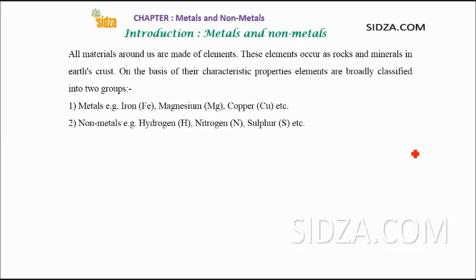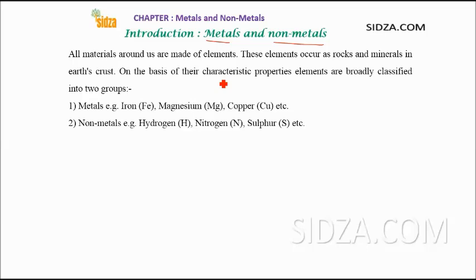In this chapter we will discuss metals and non-metals. All the matter that we see around us consists of different types of elements. Anything that you see around yourself consists of different kinds of elements.